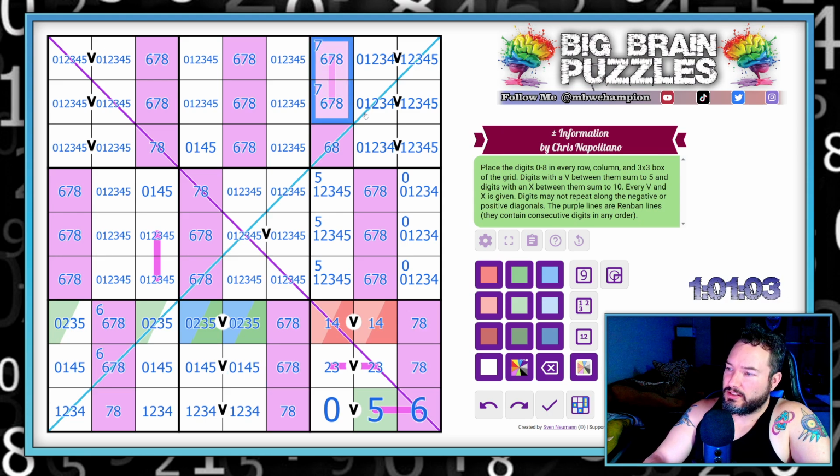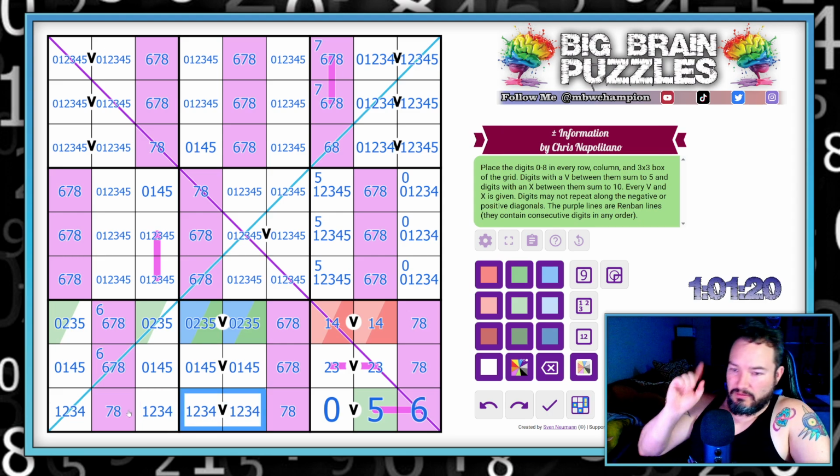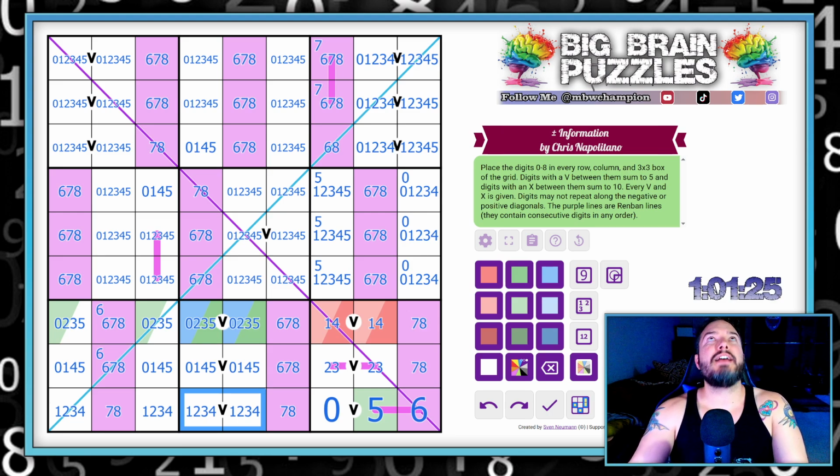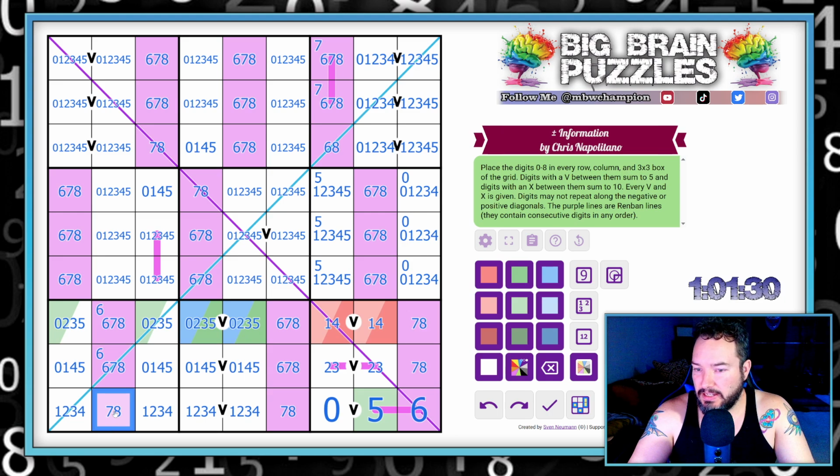I just want to make sure that now that I have this down, can I say something about this? I can actually. Okay, cool. I don't have to label colors at all. Cool, yes! Okay. So, since I said this is a 7 or 8, that means the 2 and 3 can't be here, because it's going to equal 10.